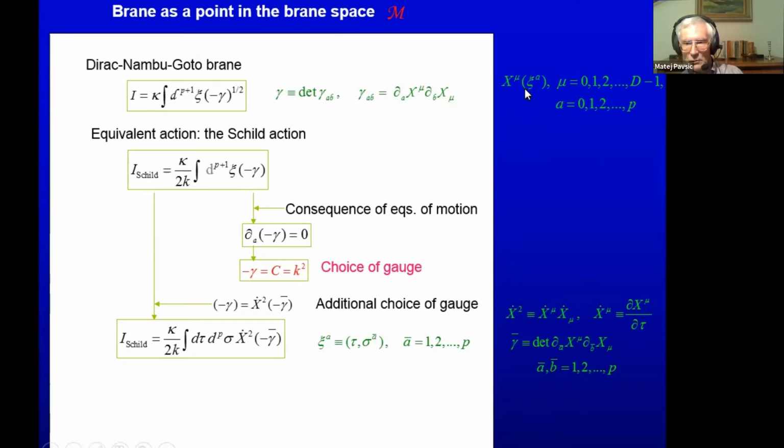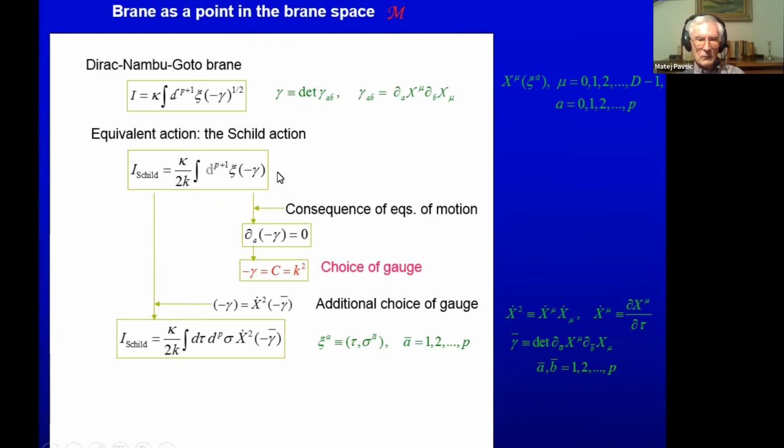Here, x^mu of psi are embedding functions of the brane. So index mu runs over the embedding spacetime coordinates, and index a runs over the coordinates or parameters of the brane's worksheet. Now, an interesting thing is, look, an equivalent action is the so-called Schild action, in which there is no square root.